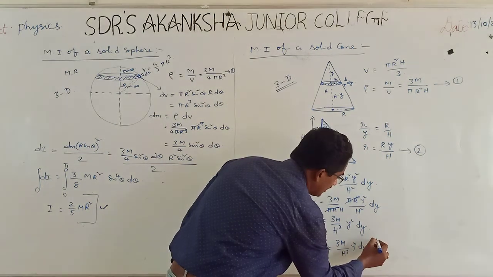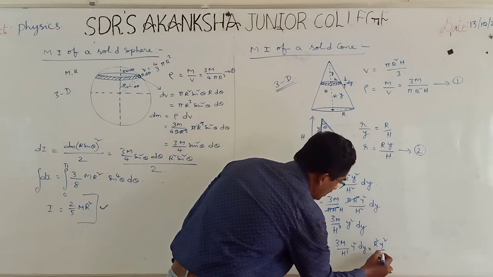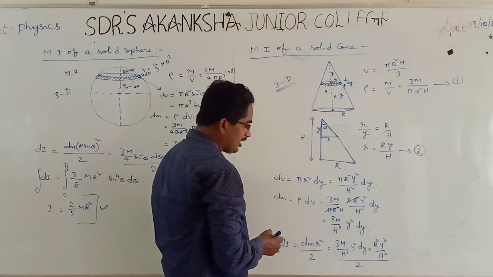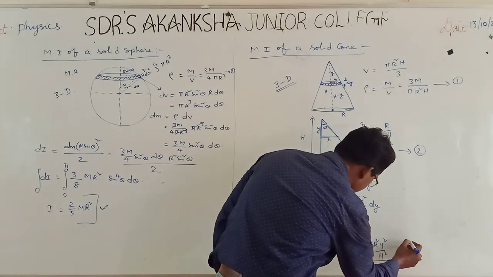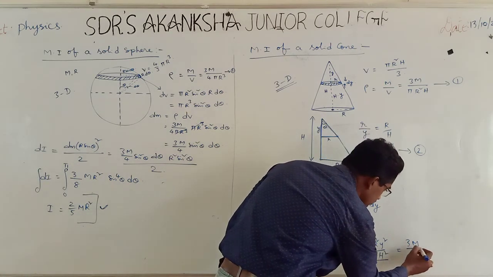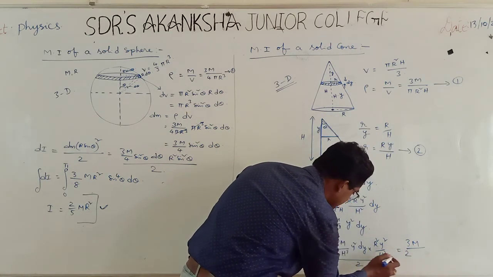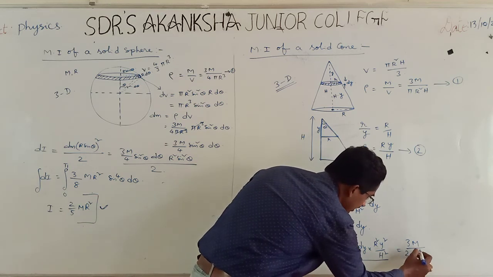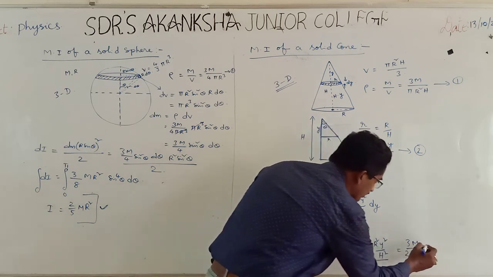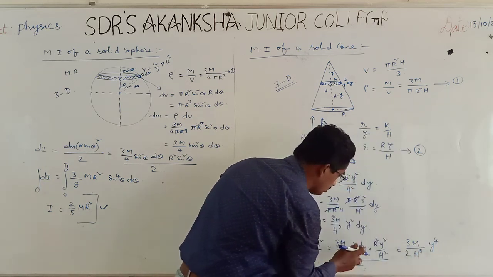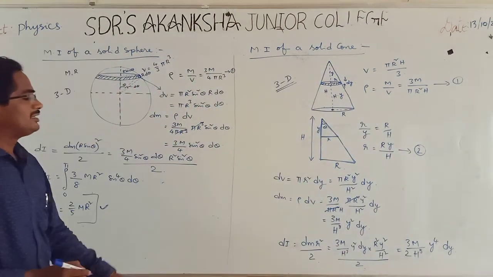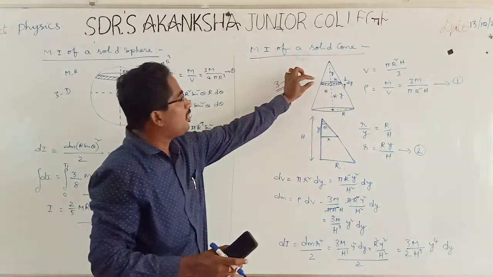R square y square by h square by 2. So totally what we have here? 3m by h power 5, 2 is there, h square into h cube, h power 5, into what we have? Y square into y square, y power 4, into dy. That is the moment of inertia for this small disc.